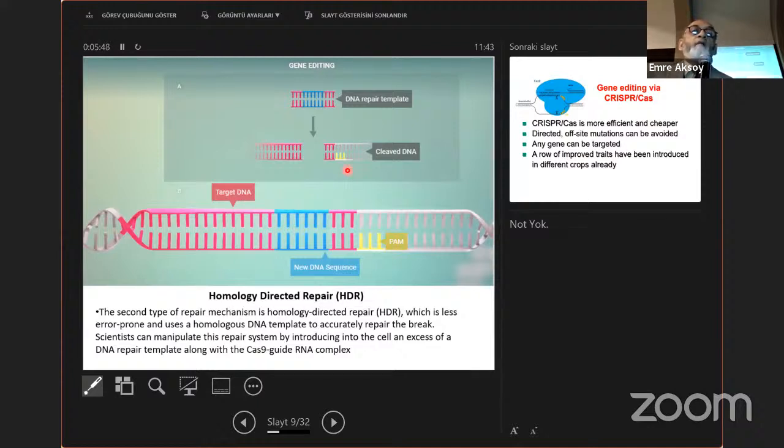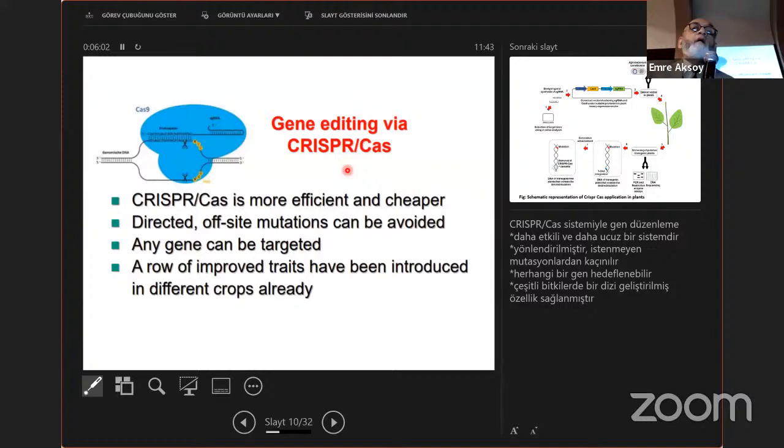Scientists can manipulate this repair system by introducing into the cell an excess of a DNA repair template along with the Cas9 guide RNA complex. Advantages of this technology.